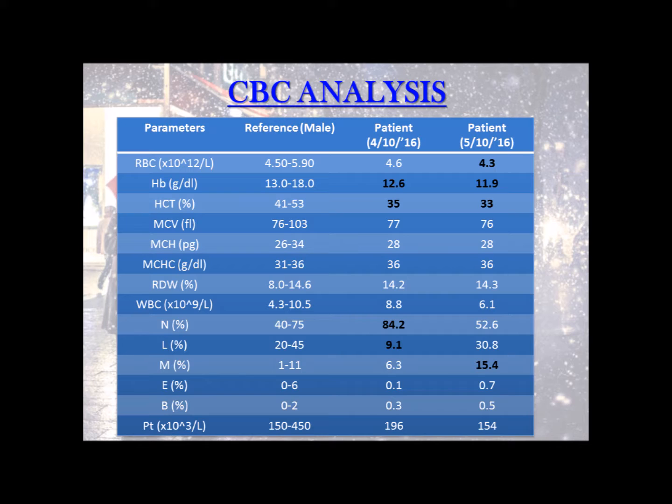The neutrophils and lymphocytes were within the normal range on the second day, and the monocytes were high compared to the normal range, increasing from 6.1 to 15.4 percent. It is noted that the platelet count dropped from 196 to 154 from the first day to the second day. Although within the normal range, the drastic decrease can be seen clearly from the complete blood count analysis.